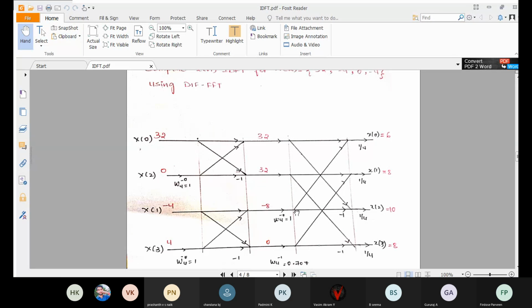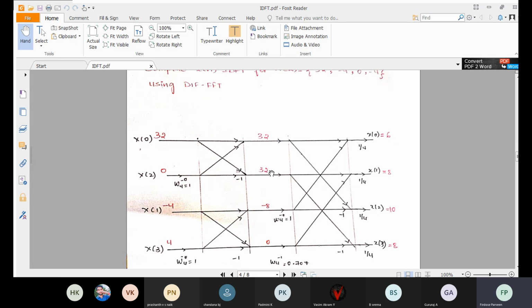Here 32 minus 8, so 32 minus 8 is 24. 24 divided by 4, it is 6 here. Same thing, here 32 will come. This is minus 8. Minus into minus is plus. So 32 plus 8, it is 40. 40 by 4, it is 10.